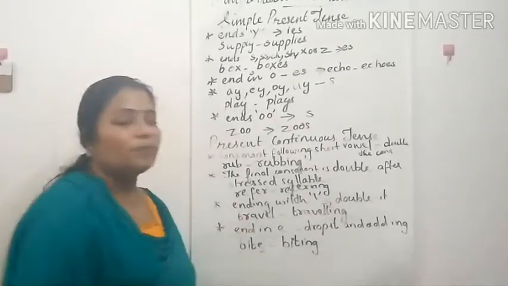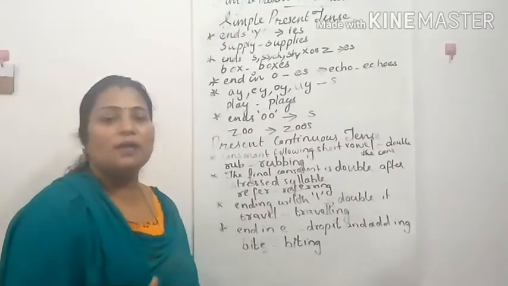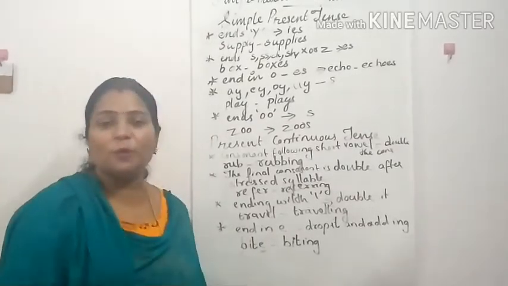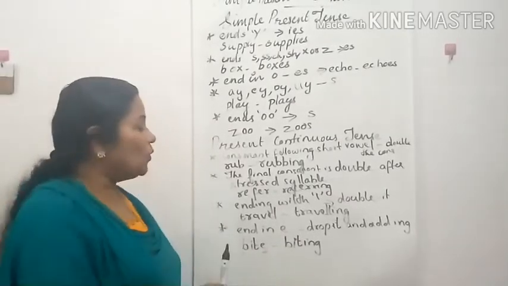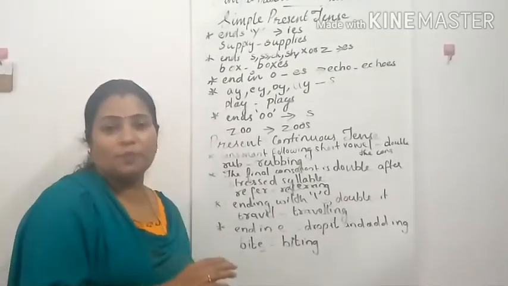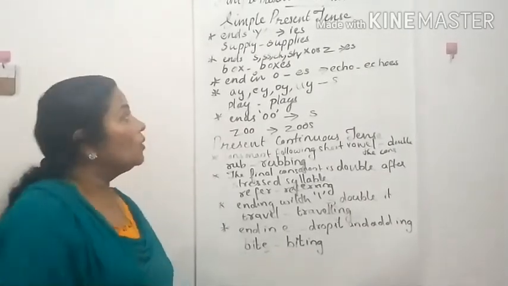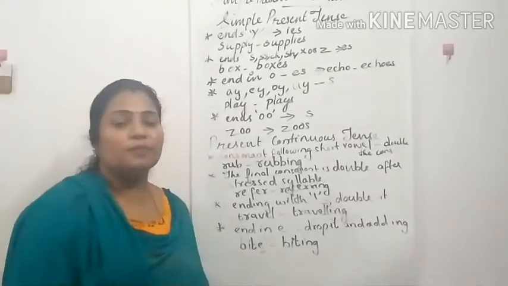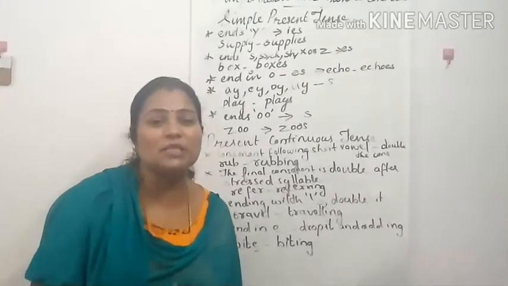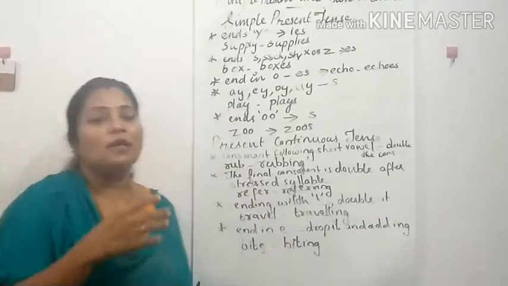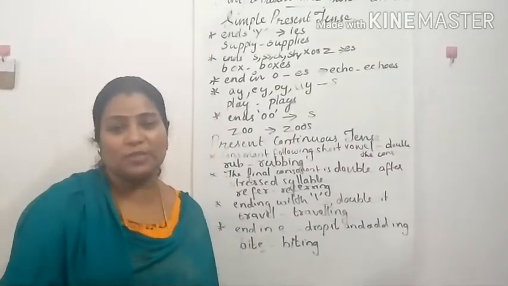So these are some of the rules that are used for changing the verbs in simple present tense and present continuous tense. Hope you all have understood this much part of the portion.